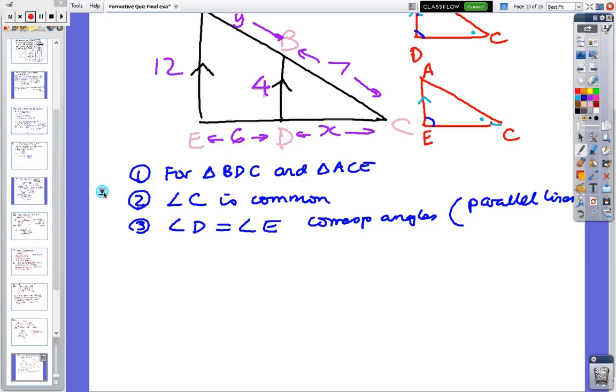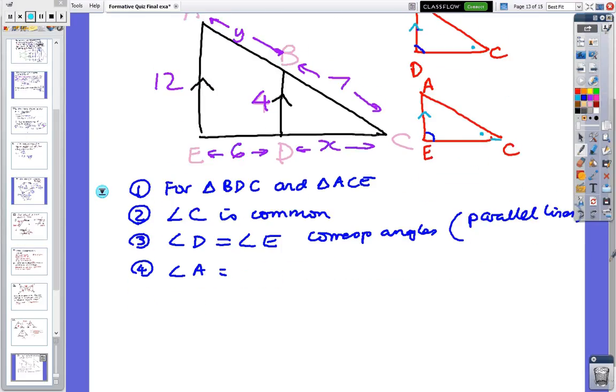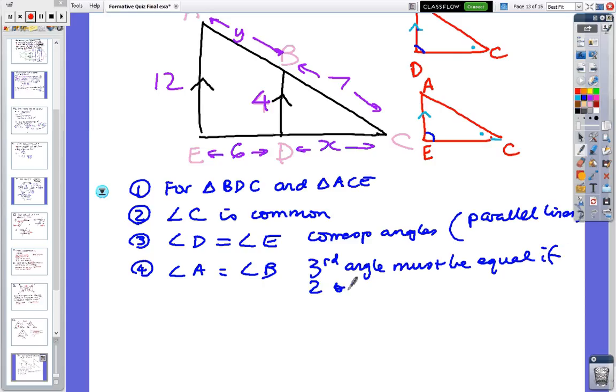And then the fourth one is the other angle: angle at A must equal the angle at B. It's also corresponding, but third angle must be equal if two others are equal. But the other reason is they are corresponding as well.